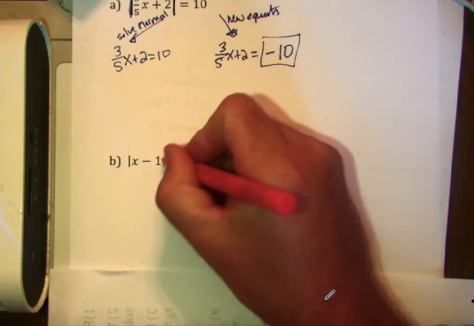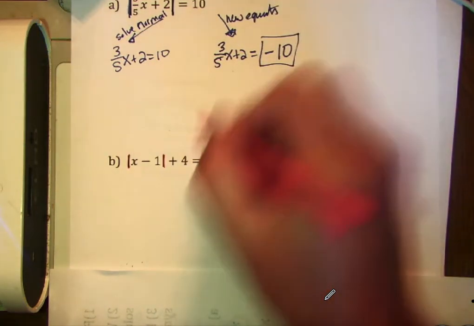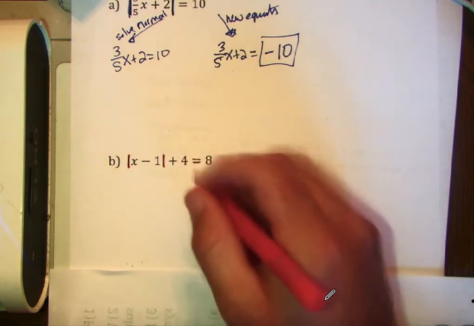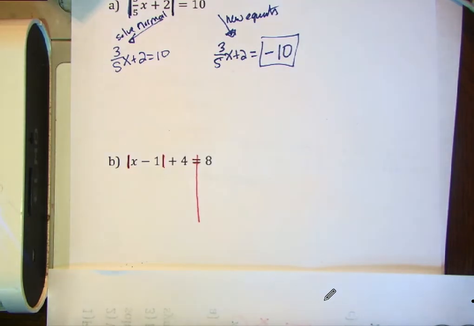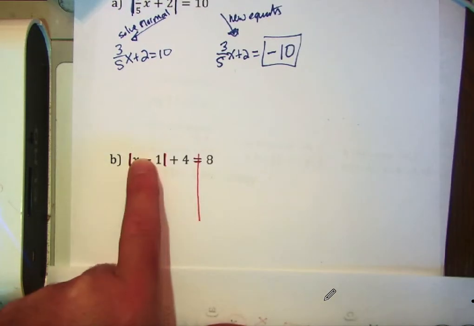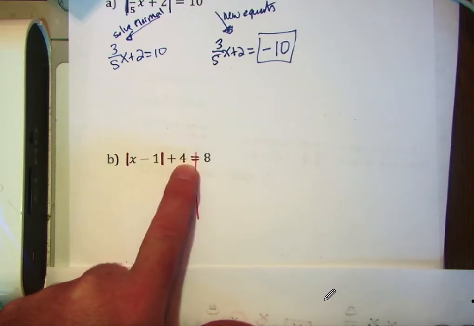So we have a slightly more complicated equation, but we're still going to try to solve this for x. Now, what should we do first, do you think? All right, I'm going to help. We have absolute value to undo, we have subtraction to undo, and we have addition to undo.